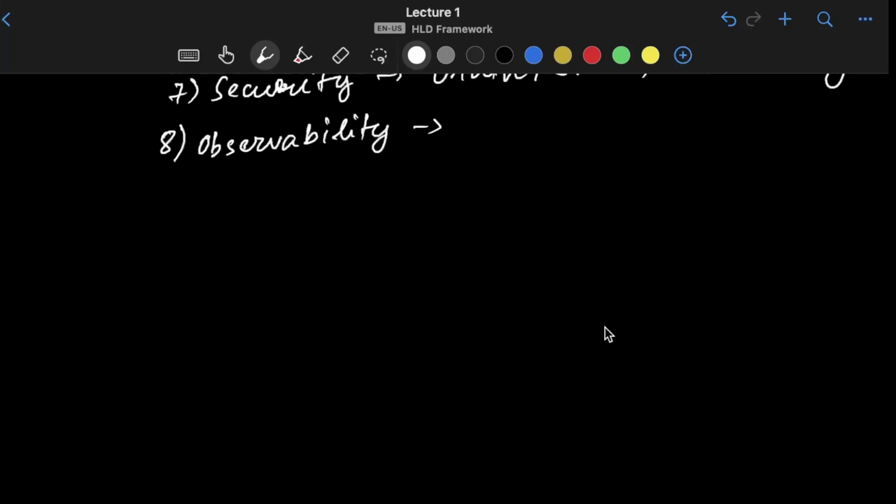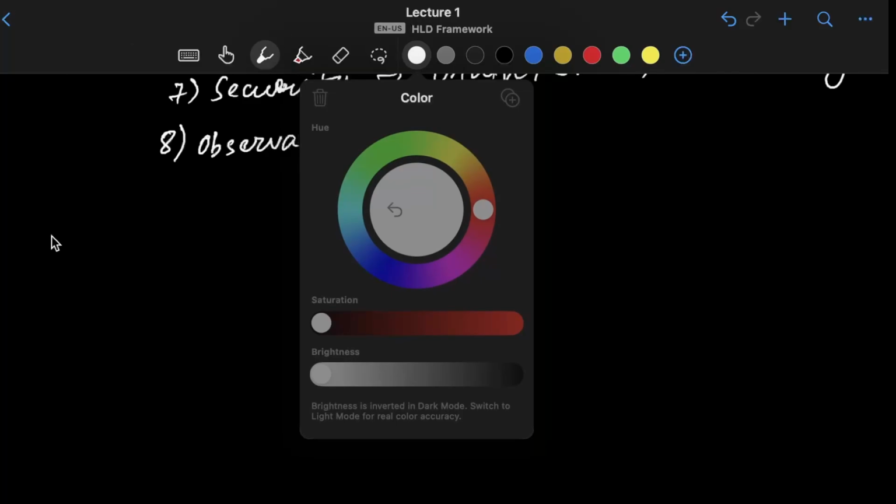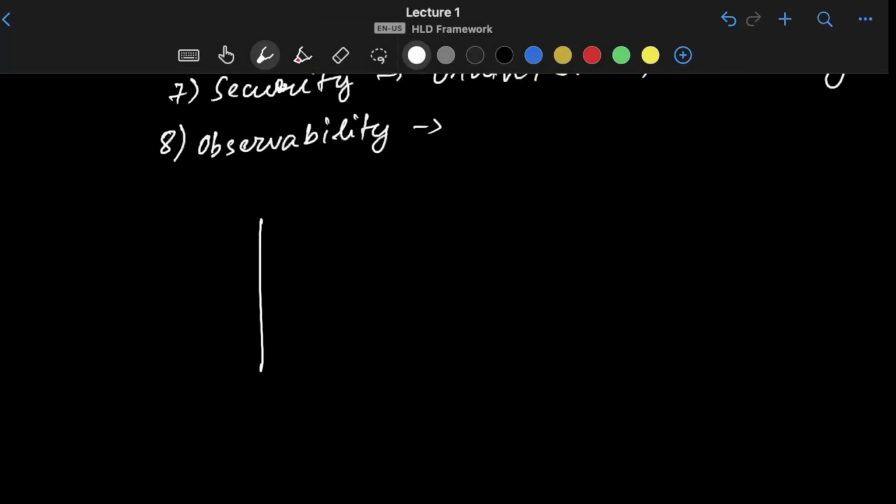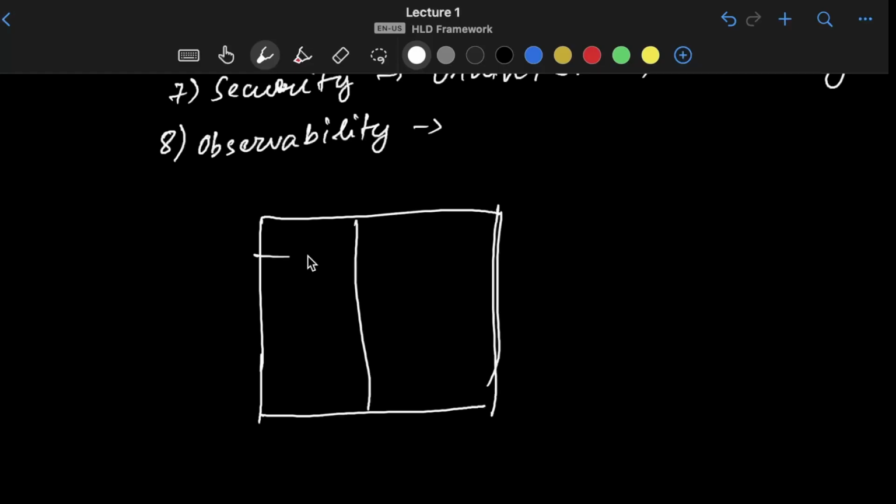So I'll just share a general table. Here the table would have these columns: one will be the components, and the other would be used or not.